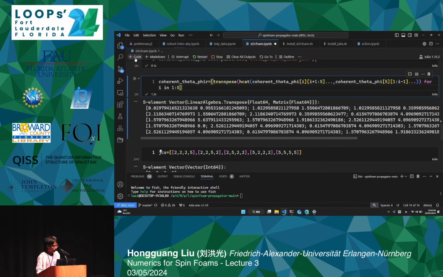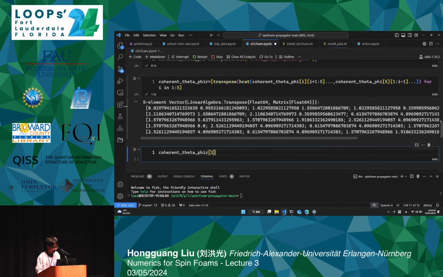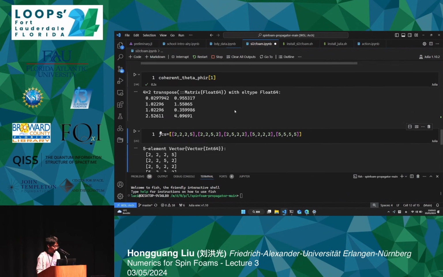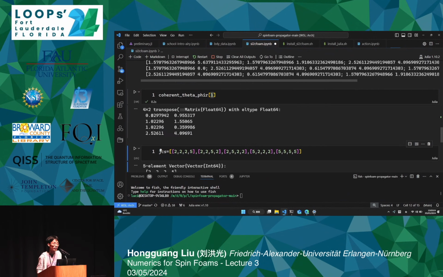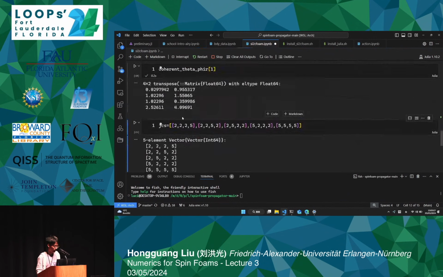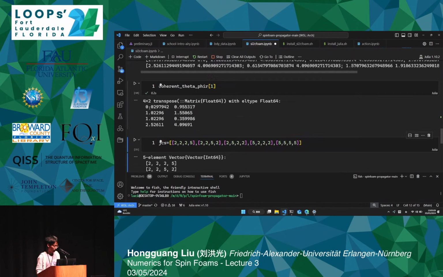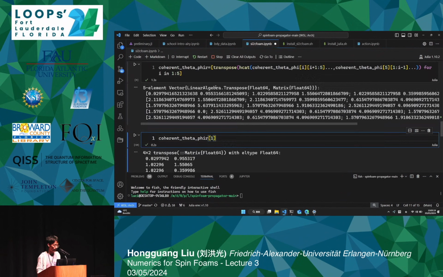Why 4x2? Each tetrahedron has 4 triangles, and for each triangle we have 1 theta and 1 phi. So this gives you all the boundary coherent states for the 5 tetrahedra, and each tetrahedron has 4.